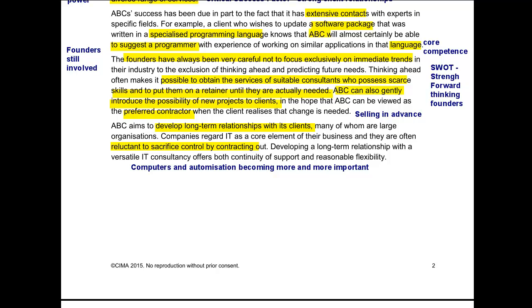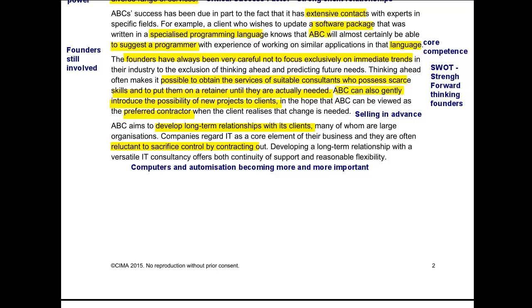And a final sentence here about the importance of developing long-term relationships, which we know is already a critical success factor of ABC. And the value of this is that IT is continuously changing and IT systems will continually need updating.